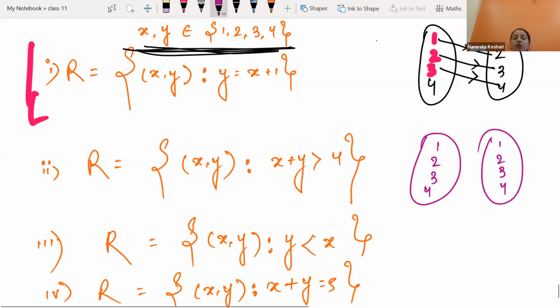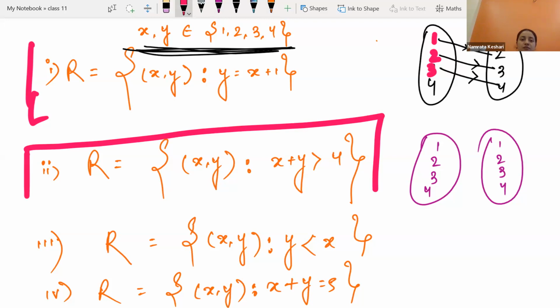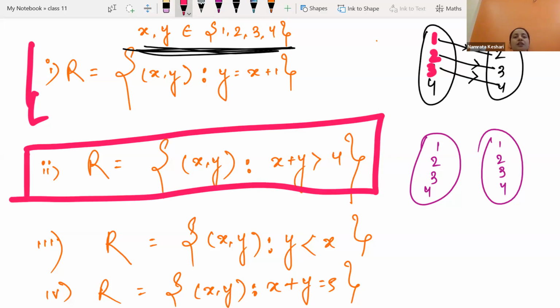We have to take the set of all ordered pairs (x, y) such that x plus y is bigger than 4. Tell me, can I connect 1 with any element? If we take x as 1, then y has to be 4.